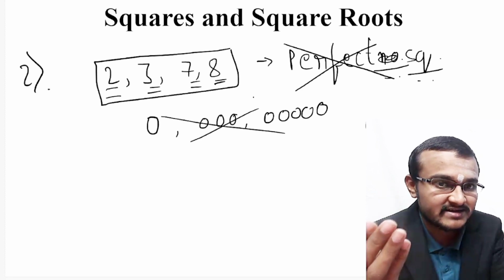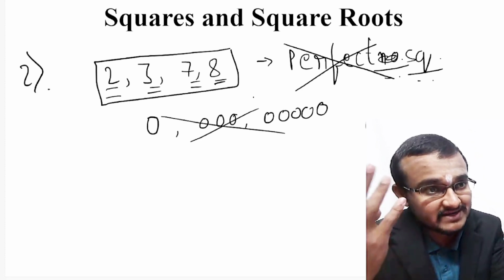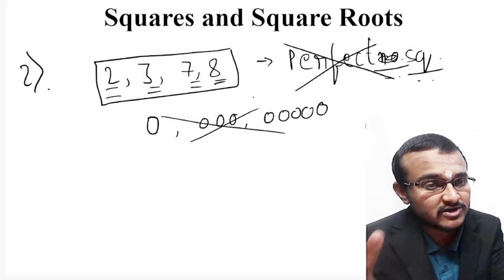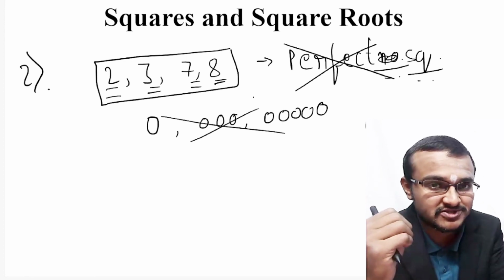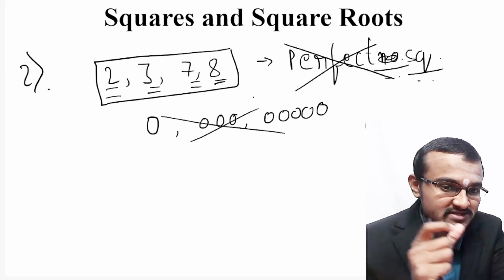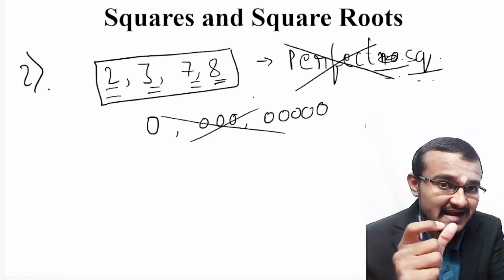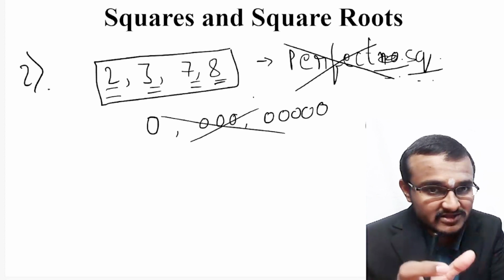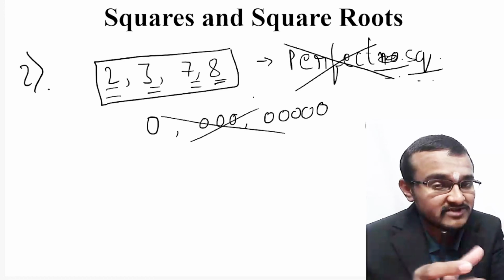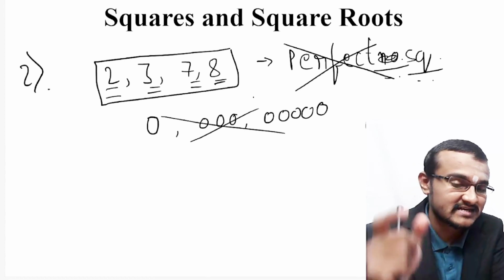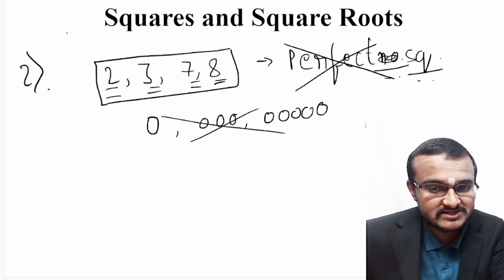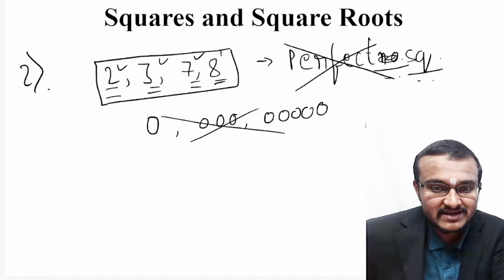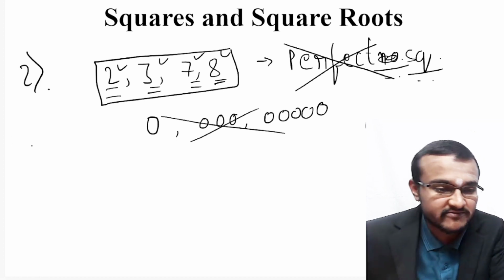If you take 100, then the square of 100 is 10,000, which has 4 zeros in it. That means perfect square numbers will always end with an even number of zeros, not with odd zeros. So if a number is ending with odd zeros, then that is also not a perfect square, and if a number is ending with 2, 3, 7, 8, then that is also not a perfect square.